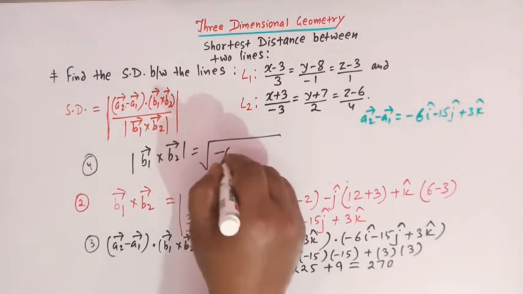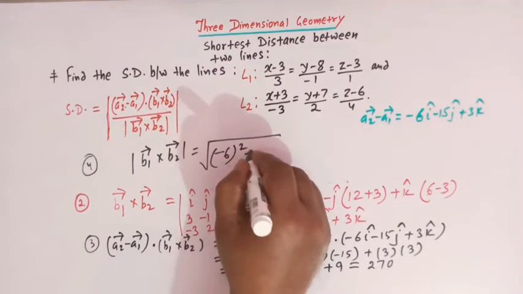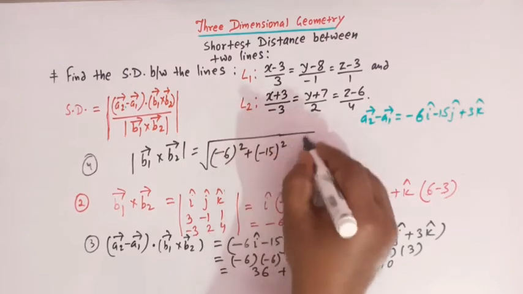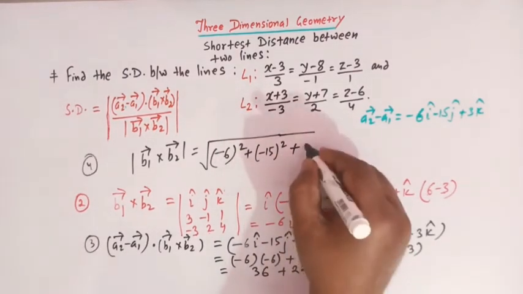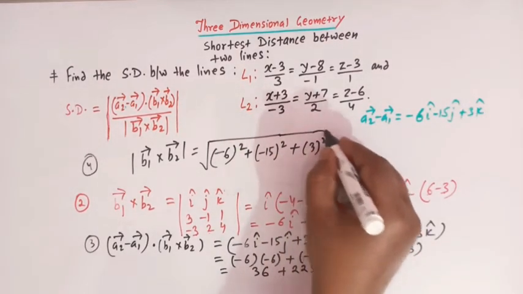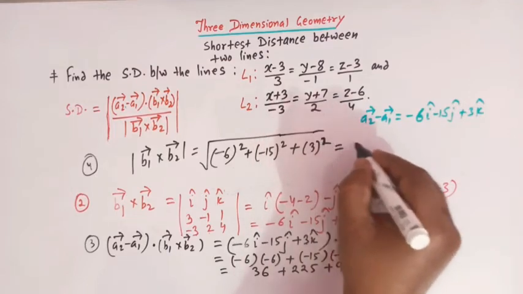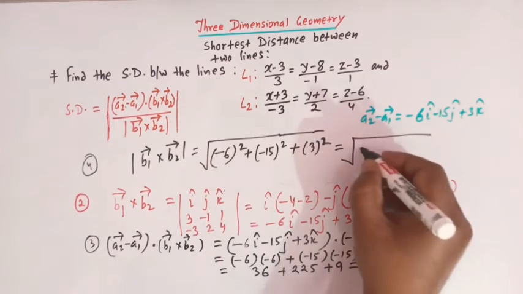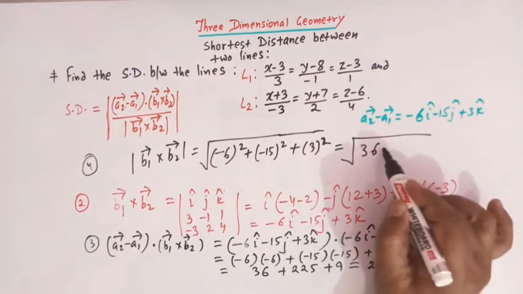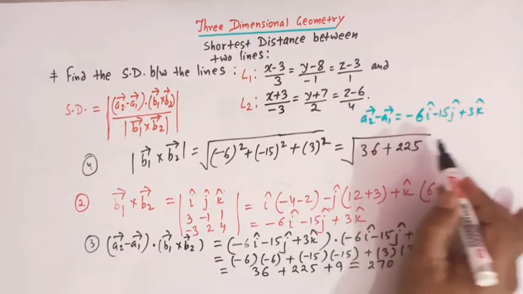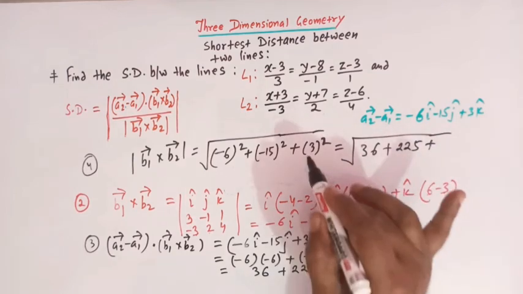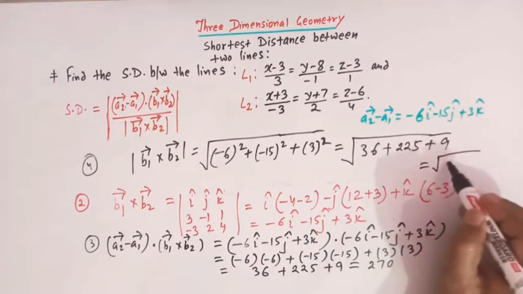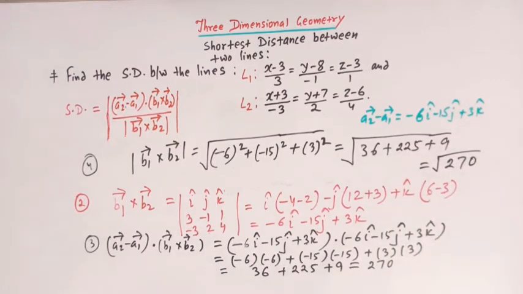So we have minus 6 square, then minus 15 square, and then 3 square. If we solve it, minus 6 square is 36, then we have 225, and 3 square is 9, and this is square root of 270.